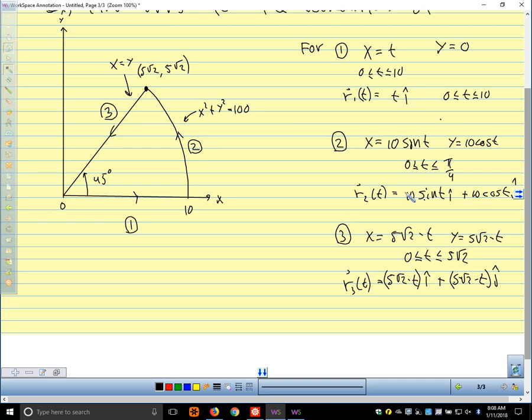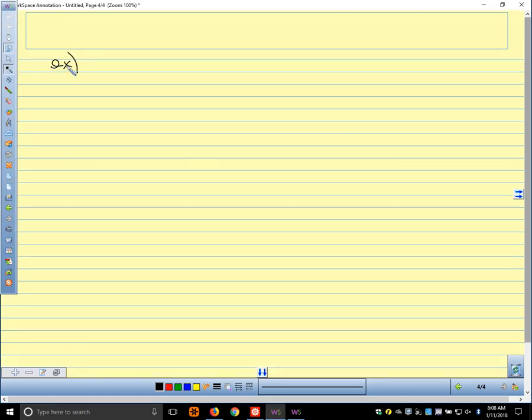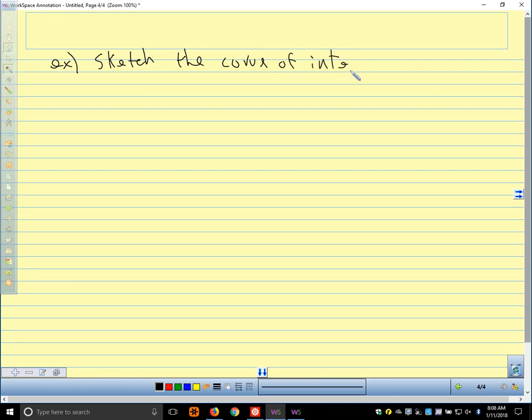All right, let's do a three-dimensional example now. We want to sketch the curve of intersection of x squared plus y squared equals 4 and z equals x squared.